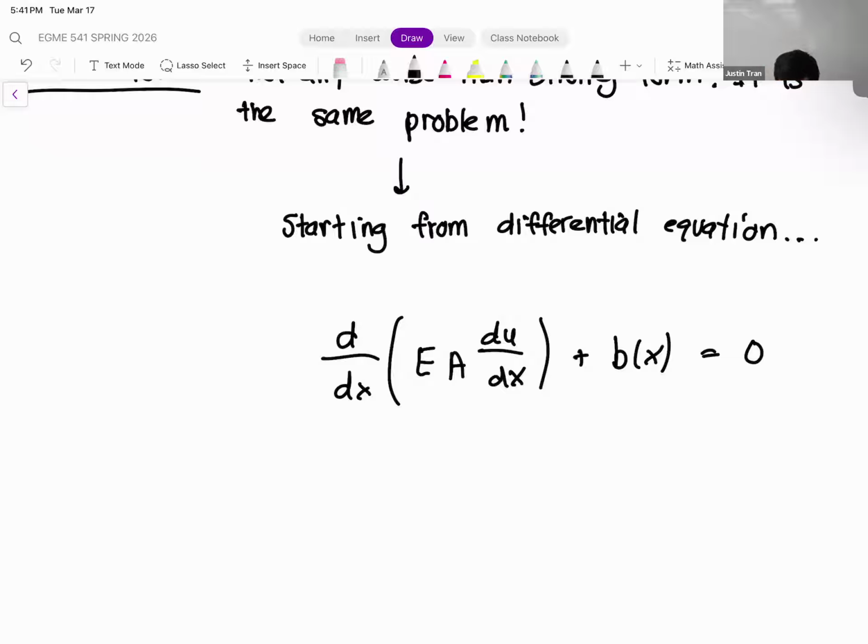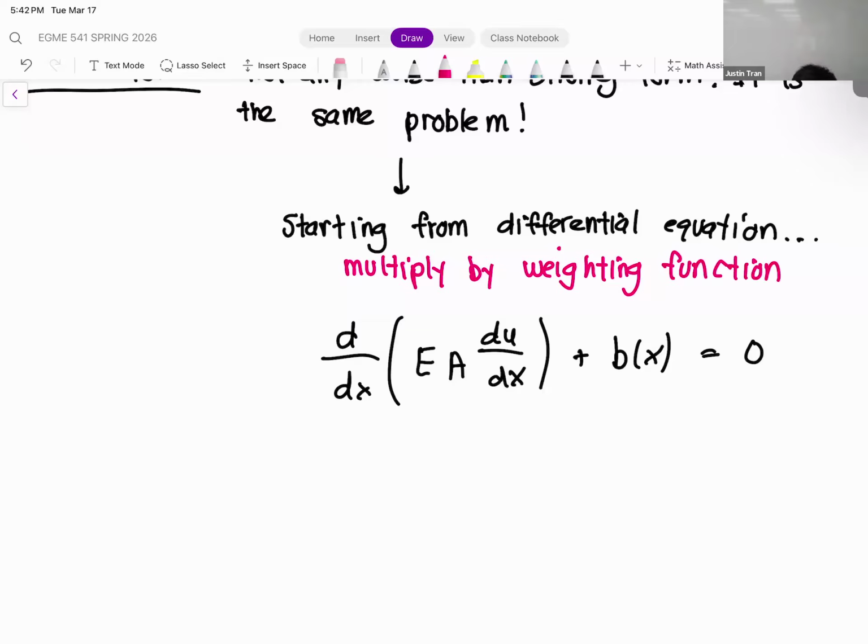Right. And so what we're going to do is take this entire expression and multiply it by what's called a weighting function. We're going to put parentheses around the whole thing, and multiply it by some w of x.